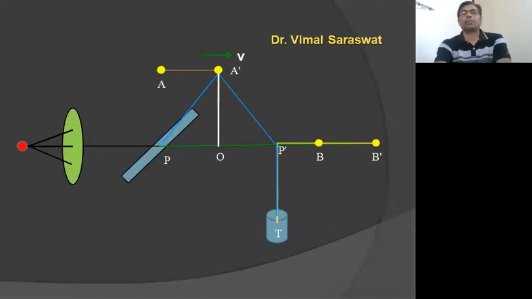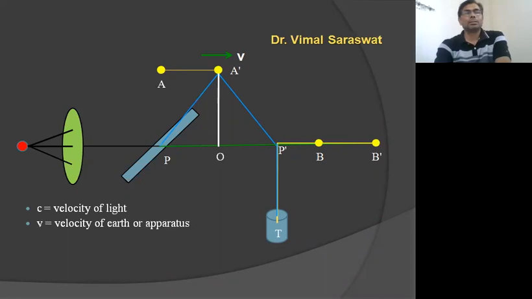Now this is our Michelson-Morley setup. c is the velocity of light. v is the velocity of the Earth or apparatus.